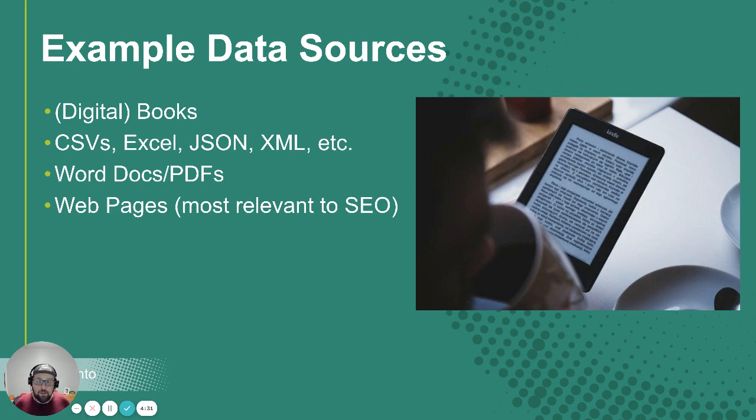Some other example data sources you may want to look at are digital books, ebooks, CSV data sets, Excel, JSON, XML, etc., Word documents, PDFs, and probably most relevant to SEOs and marketers, web pages.